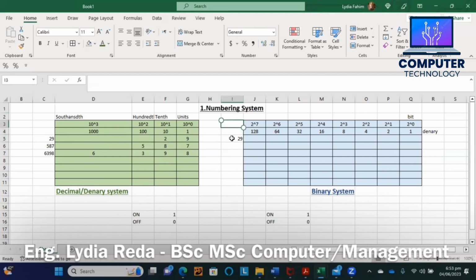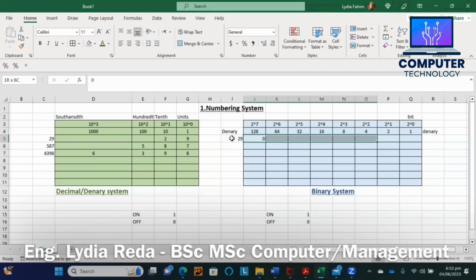I will make it a figure in binary. Okay. 29. How do I do it? It's a very simple, straightforward way. Any value that is greater than the 29 is a 0.